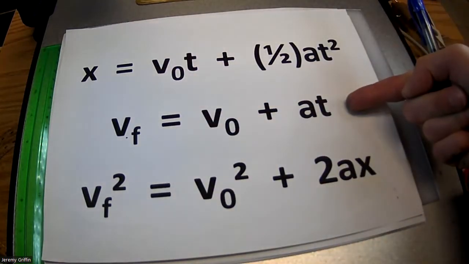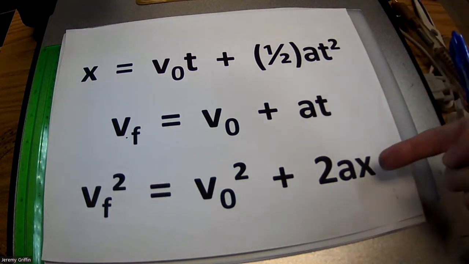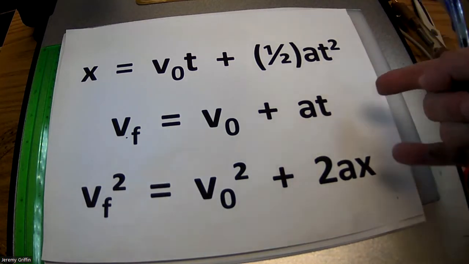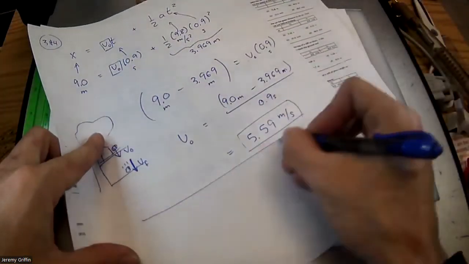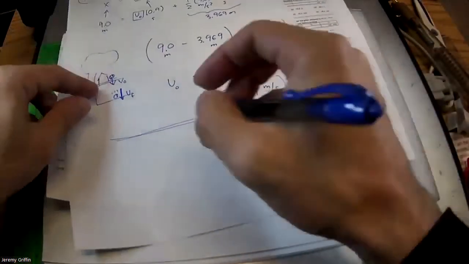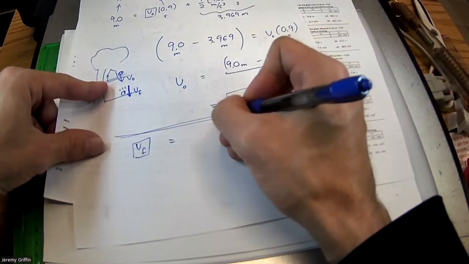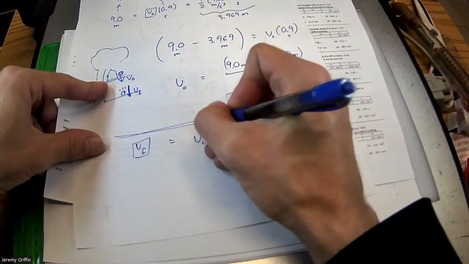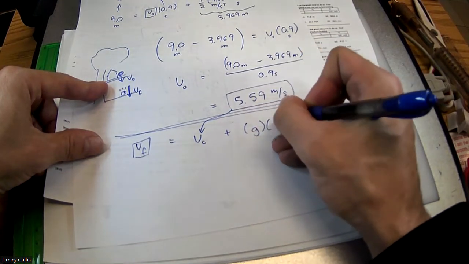The second equation is in terms of this falling time. The third equation is in terms of the height of the treehouse, but they should both get it for you, right? Here, I'll pick the second one, see what the answer is, and then real fast do the third one. So final velocity, which we're solving for, is equal to initial velocity, which is this number, plus gravity times time.